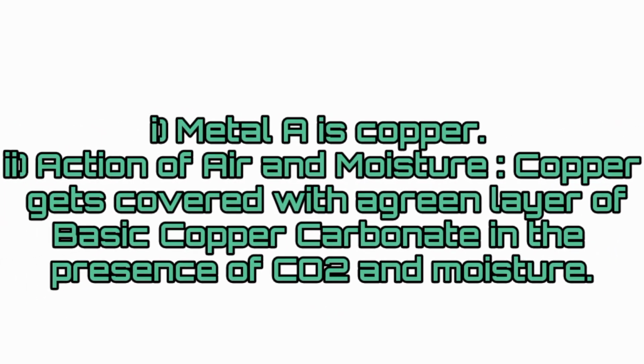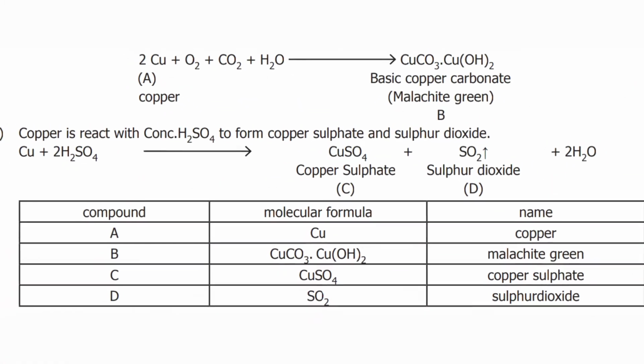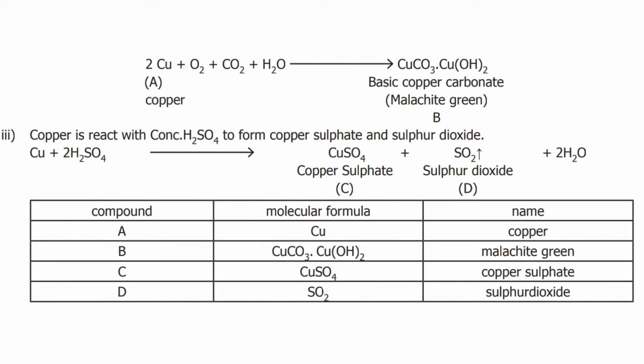Action of air and moisture. Copper gets covered with a green layer of basic copper carbonate in the presence of carbon dioxide and moisture. 2Cu, that is copper, plus oxygen plus carbon dioxide plus H2O gives CuCO3.Cu(OH)2, basic copper carbonate, malachite green.